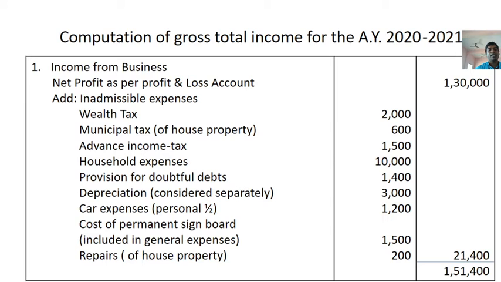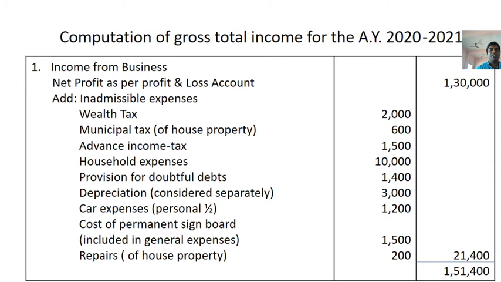Then the fourth category of disallowable expenses is general items, like any reserve or any provisions, gifts and presents of a personal nature, difference in trial balance, excess gratuity paid, mistake in calculation, and excess depreciation charged.